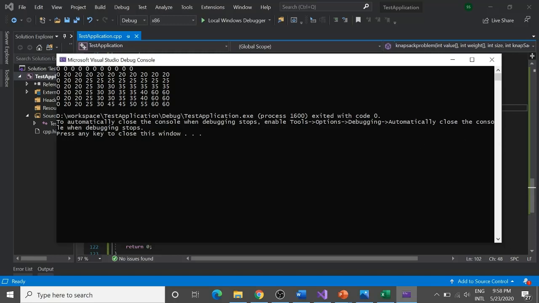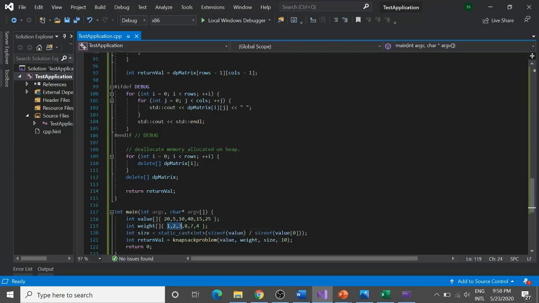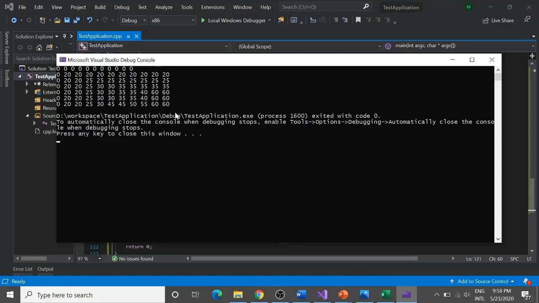The 60 signifies that if we are given an array of 6 elements which has weights of 1, 2, 3, 8, 7, 4, and we have such values for it, and we have a knapsack which can hold a maximum weight of 10, then the maximum value which we can create out of these conditions is 60. So can you see that this is the subproblem which we were really asked for. So this is the DP matrix which we have populated with the help of the tabulation method.